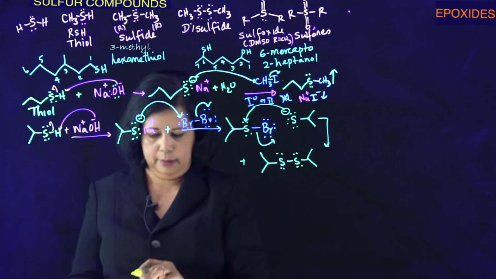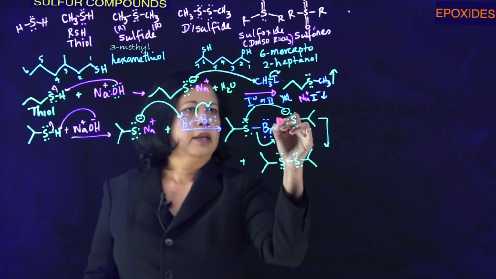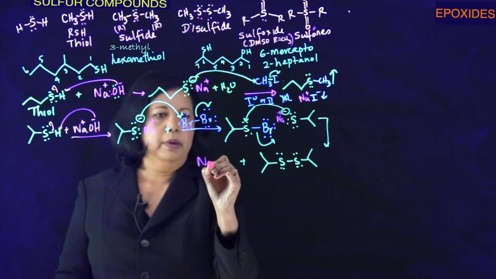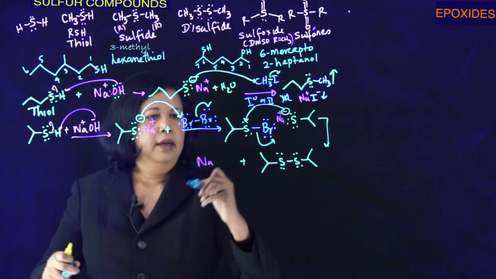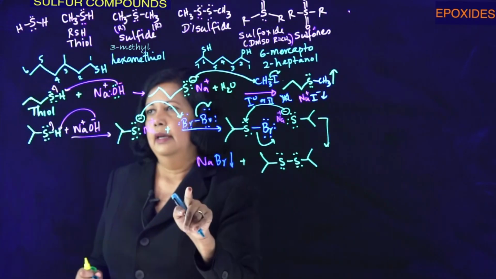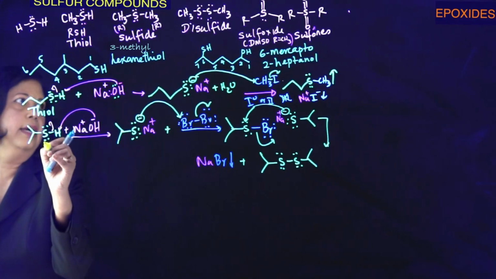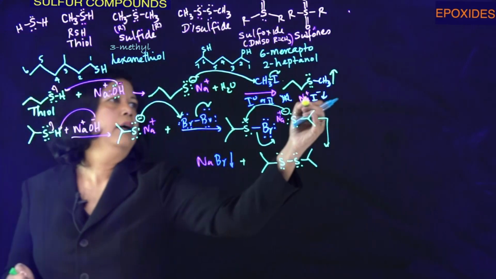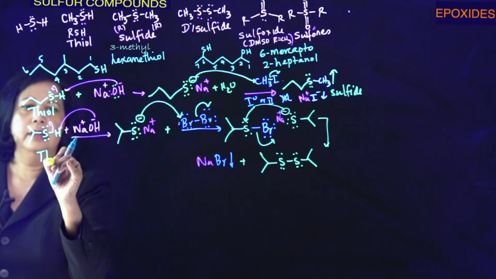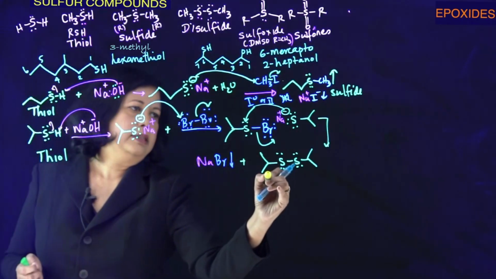Plus, let's say you came along with sodium and you get sodium bromide falling off, and you will take a thiol to a disulfide. So this is thiol to sulfide, and this is thiol to disulfide.